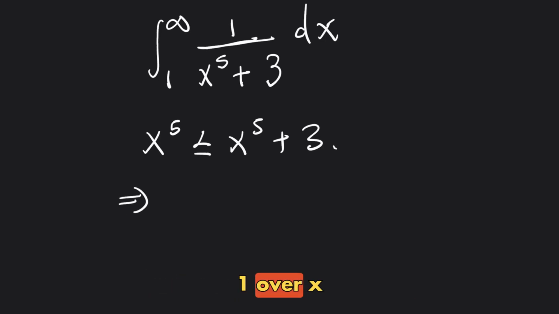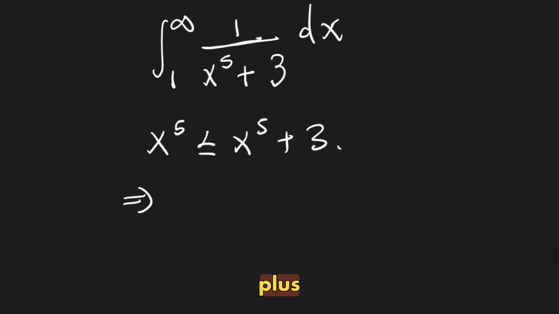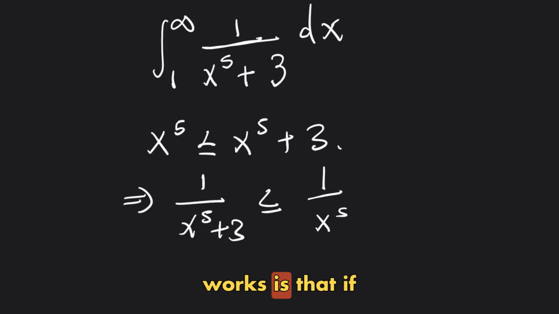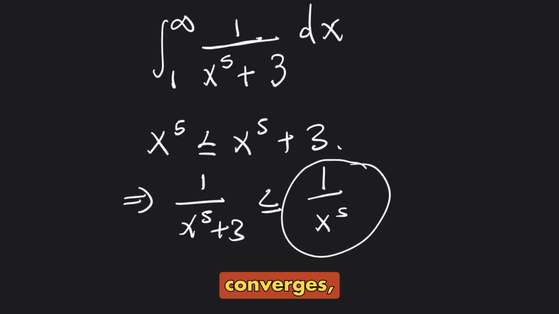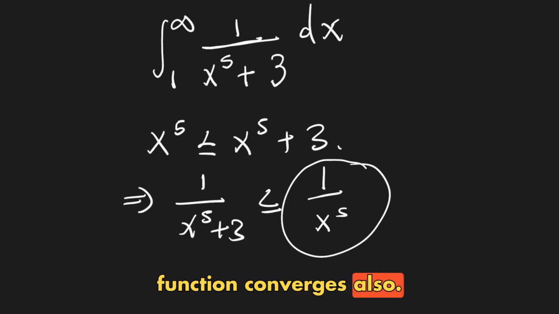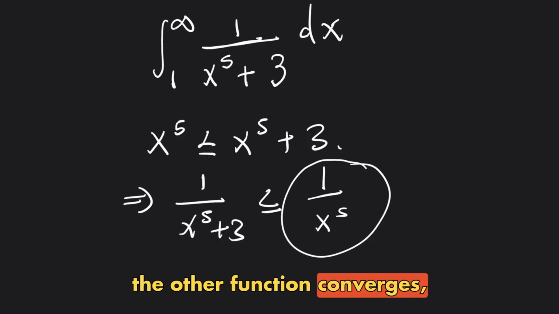So 1 over x to the power 5 plus 3 is less than or equal to 1 over x to the power 5. How the comparison test works is that if the bigger function converges, then the lower function converges also. If the lower function diverges, the bigger function diverges also.